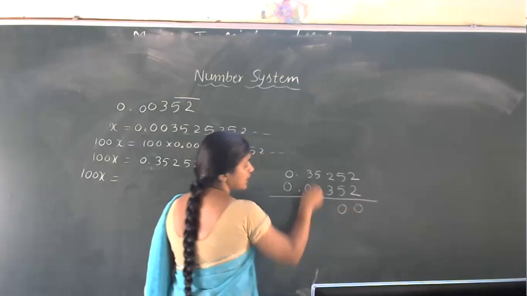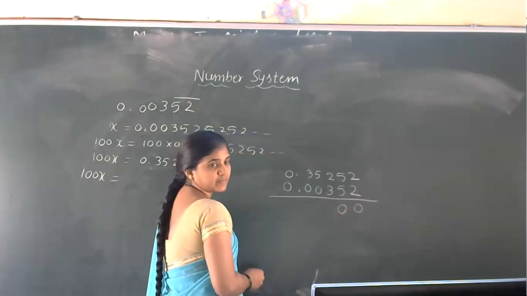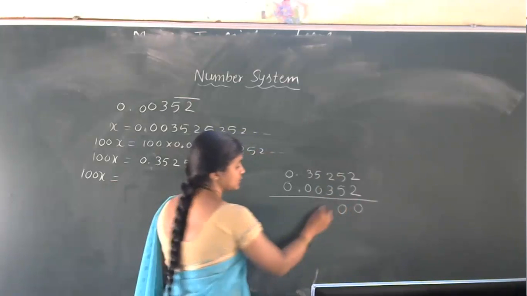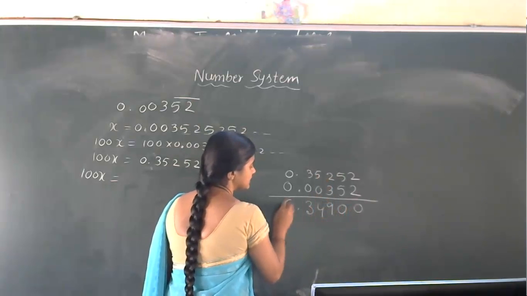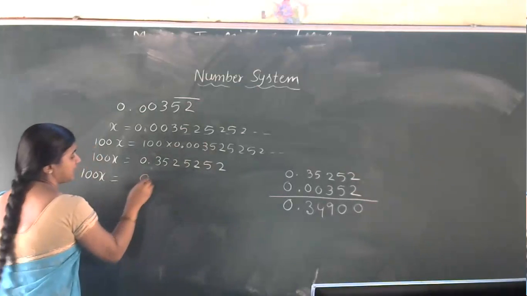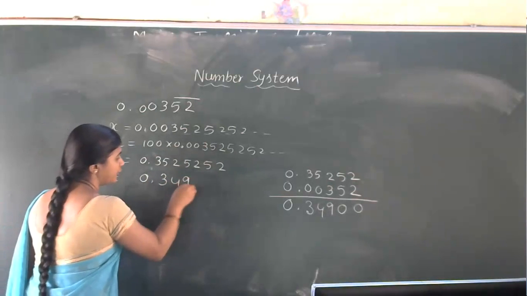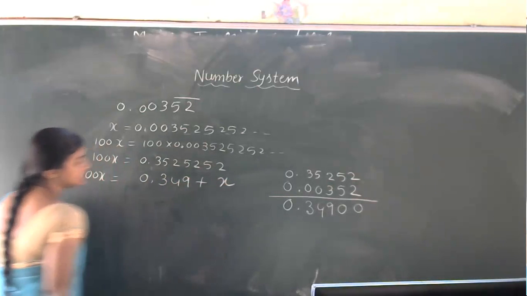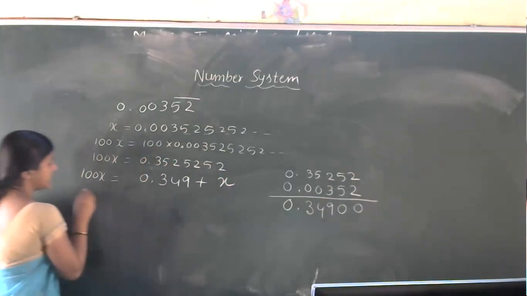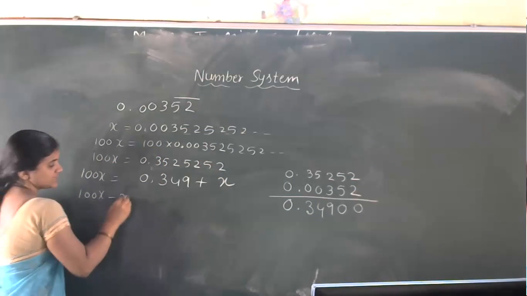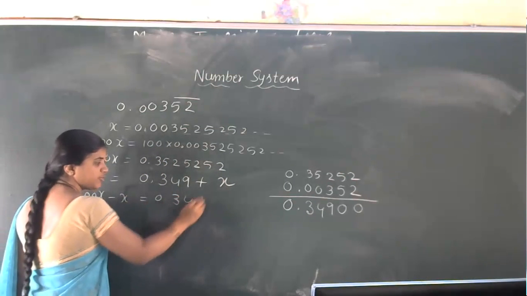If we subtract 3, how much remains actually? 9. Then here 4. Then 3. Yes, 0.349. Okay, 0.349 plus x. So this plus x gives this one, then 100x minus x is equal to 0.349.